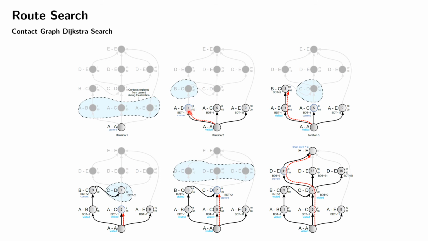And then you choose the next current contact on which you're going to be sitting, which is this AB in this case. You explore, you update, then you select the next current contact. You explore, you update, and this keeps running one iteration after the other until in your exploration phase you find a contact that is leading you to the destination. And once you arrive at the destination, you can back propagate and find the fastest route to arrive at that destination.